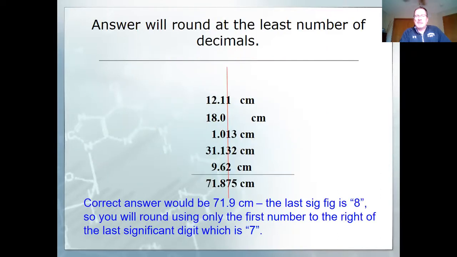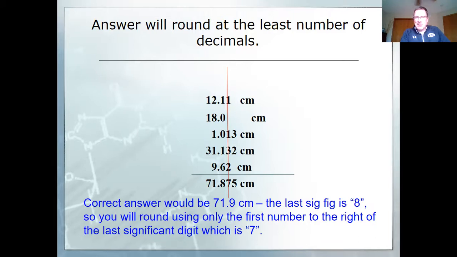So here's our example. 12.11, 18.0, 1.013, and so on. If I add this all up, the answer is 71.875 centimeters. All right. I round that to 71.9. Because I can only have 1 digit past the decimal.